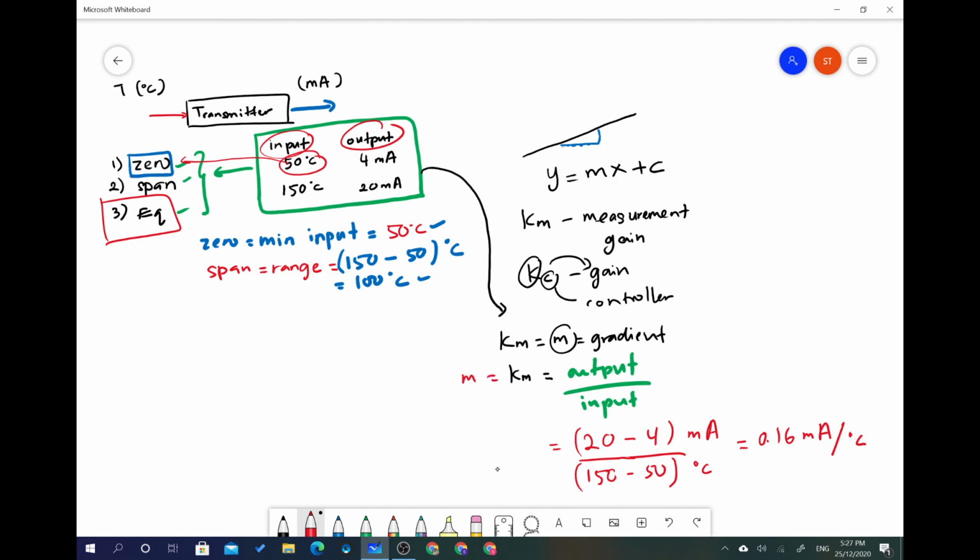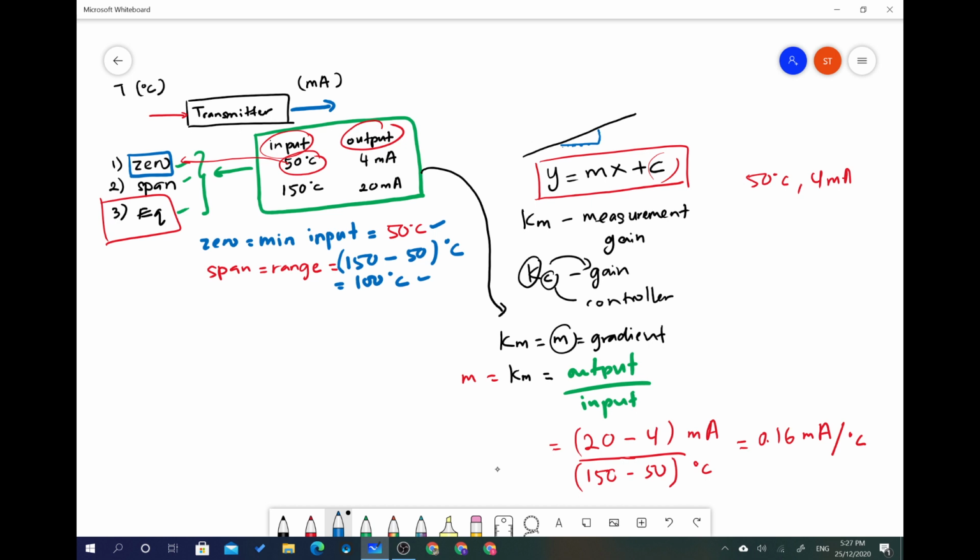Now because we want to find this equation, we have to find the value of c. How to find the value of c? Just take any of the points. Maybe I will take 50 degrees C and 4 milliampere. So we try to find the value of c.